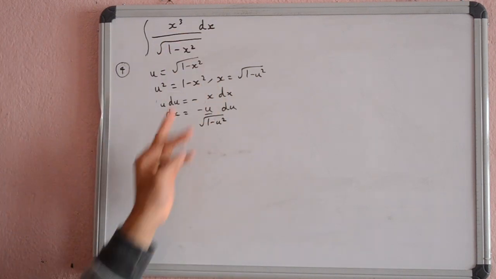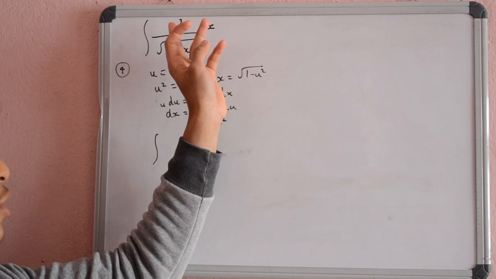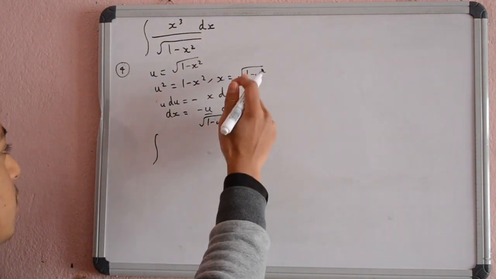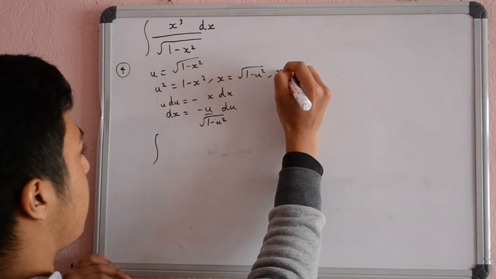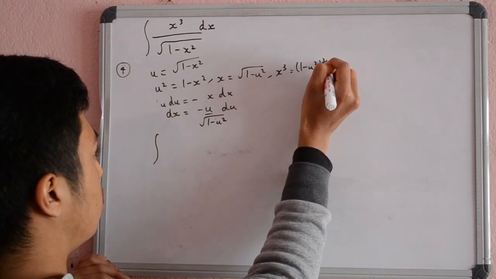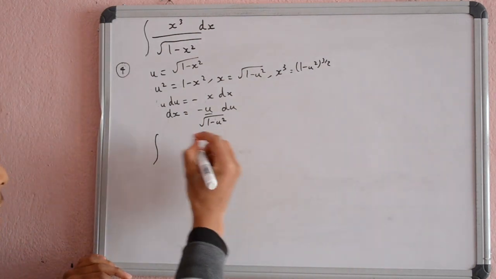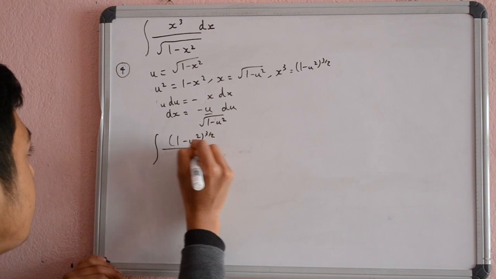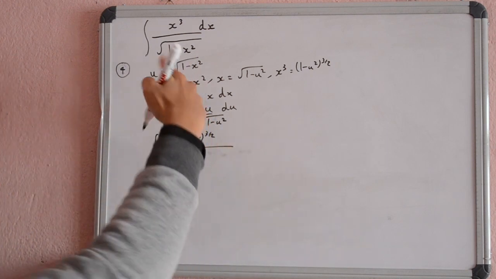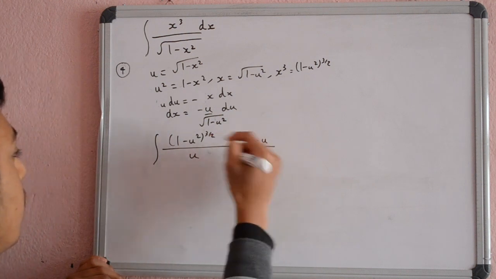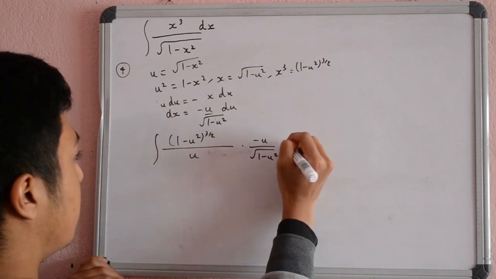So this is the integration of x cube. We have x cube in the numerator, so x cube will just be 1 minus u square to the power 3 by 2, right? So this is just 1 minus u square to the power 3 by 2 by u, into minus u by root 1 minus u square.